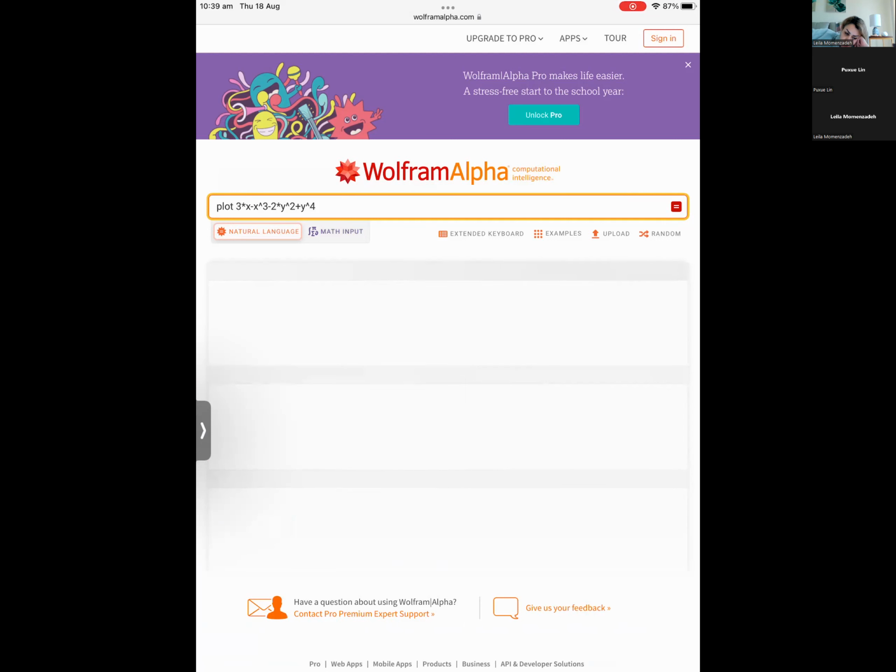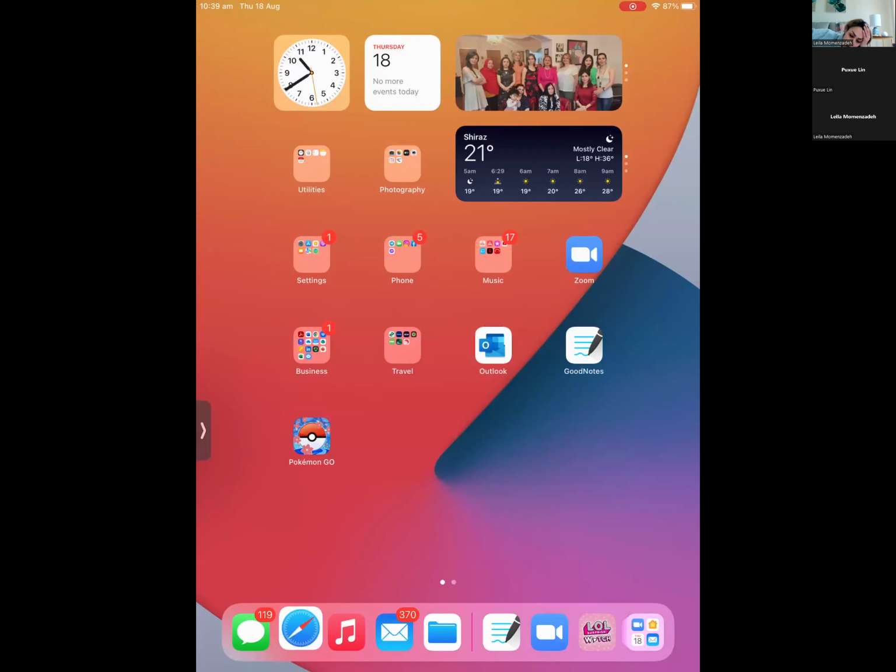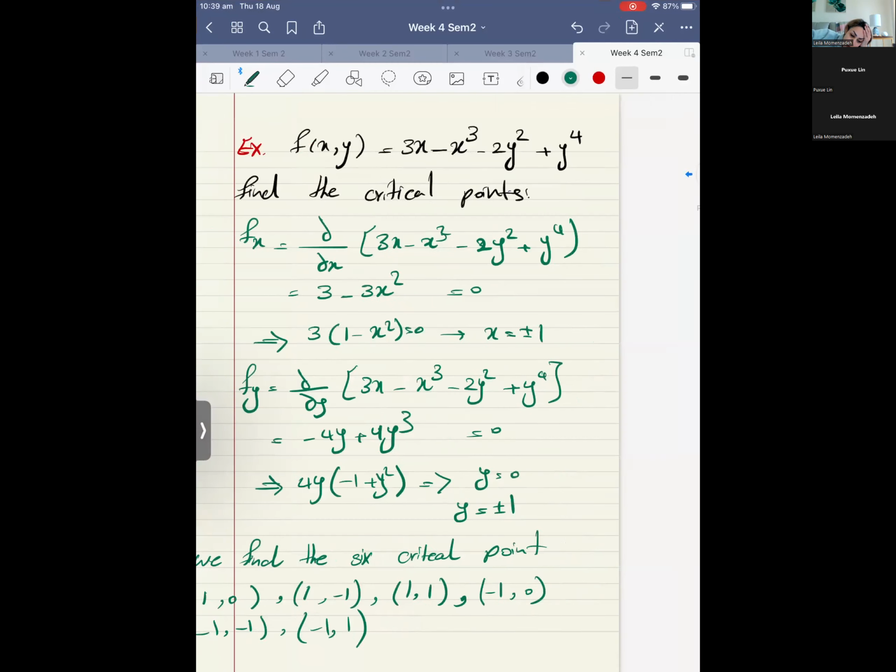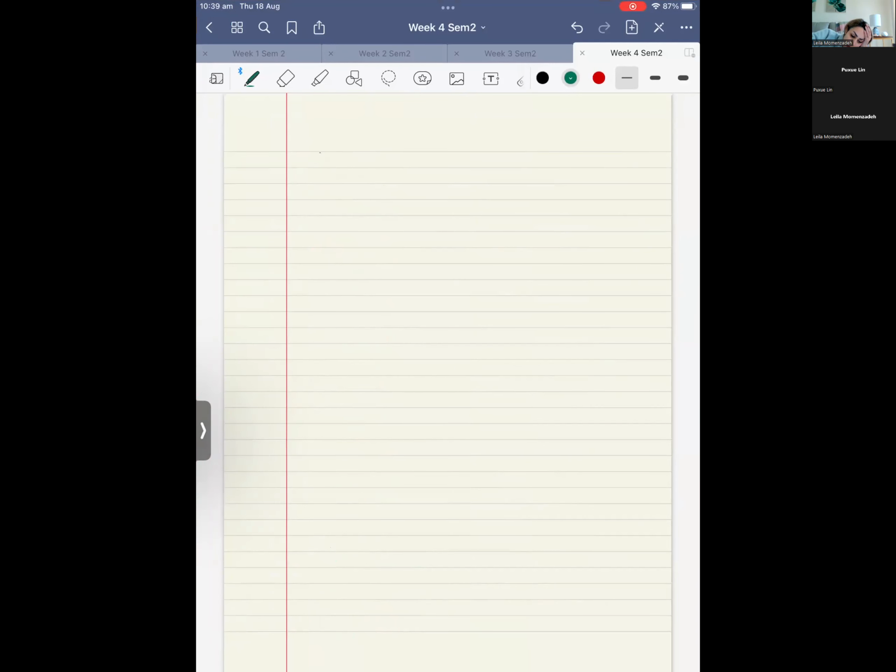Okay, let me plot by hand, doesn't matter. If I'm going to show you the contour plot, it would be like this.